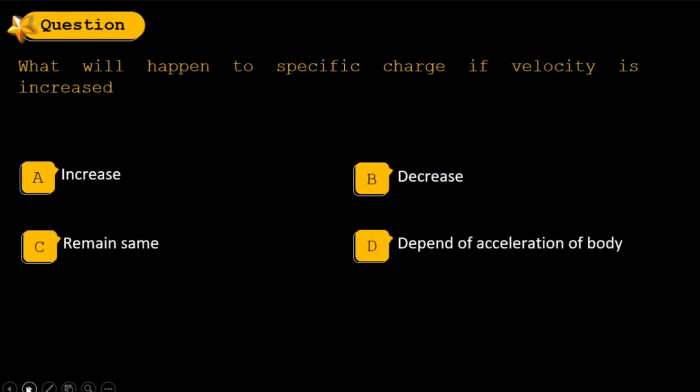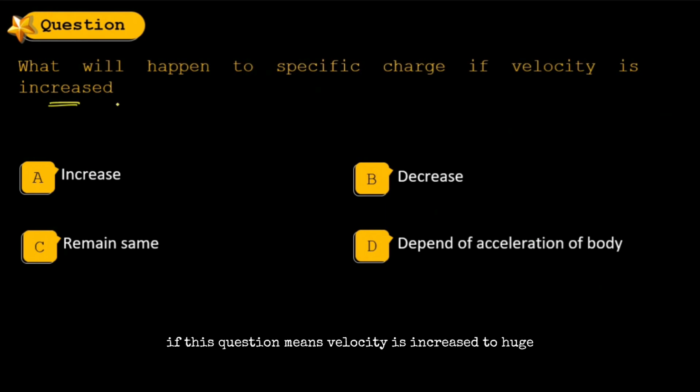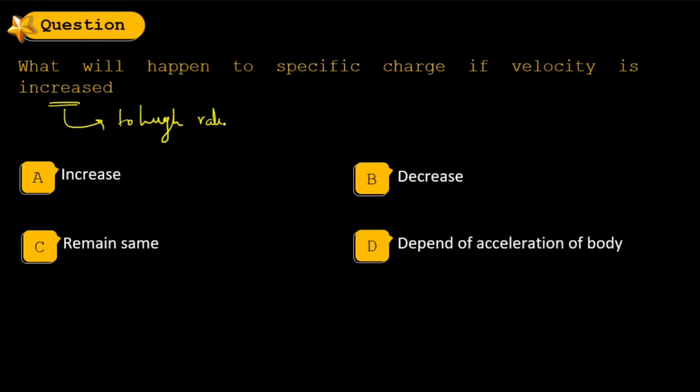Let's move ahead. Another question. Just think about it and tell me what will happen to the specific charge if velocity is increased. Now, this question means velocity is increased to a huge value. So I can say its mass will increase.